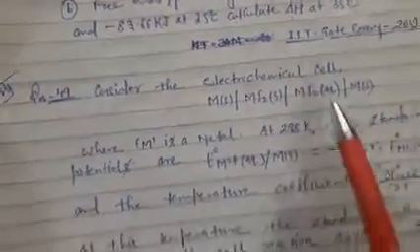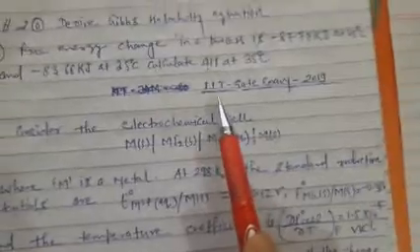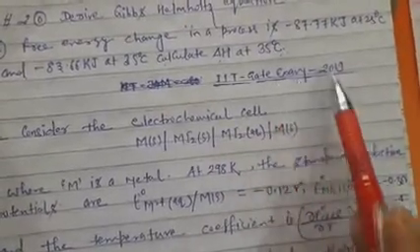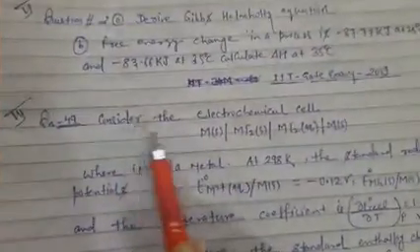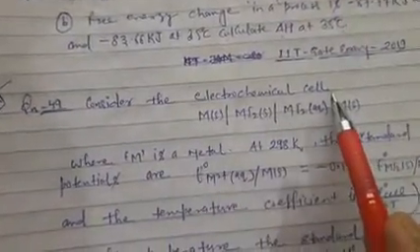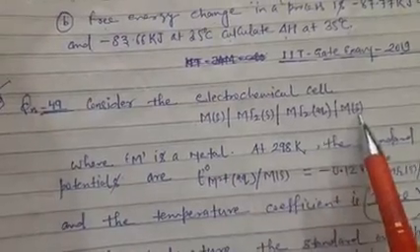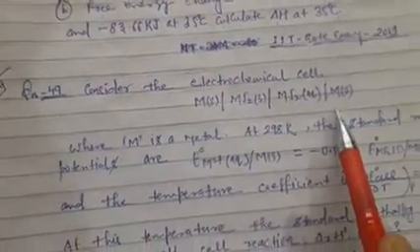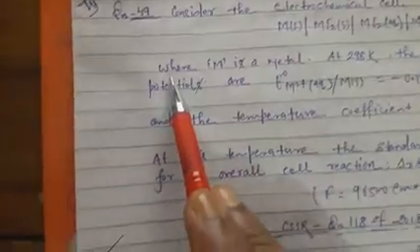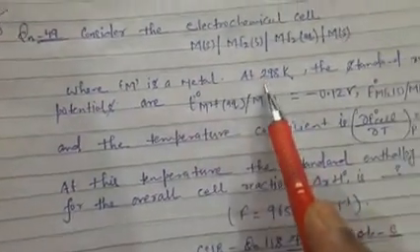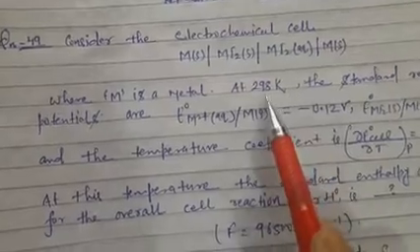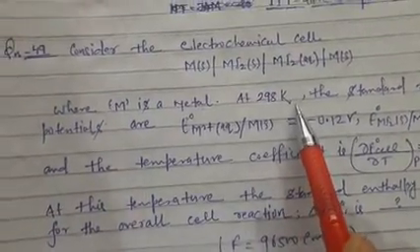Now, in IIT GATE exam 2019 the question was: consider the electrochemical cell. One electrochemical cell is given here, a concentration cell, where M is a metal at 298 Kelvin.